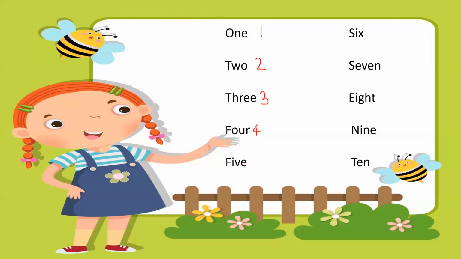Then F-I-V-E, 5. How to write number 5? Like this. Yes. F-I-V-E, 5. The next number is 6. S-I-X, 6.